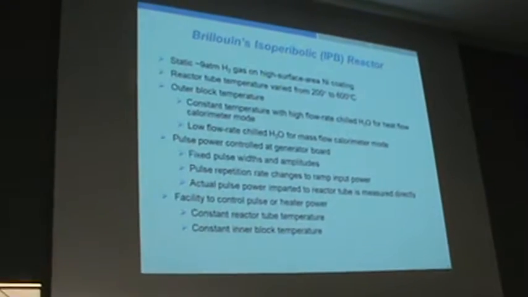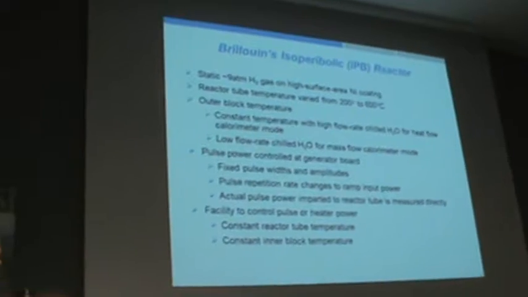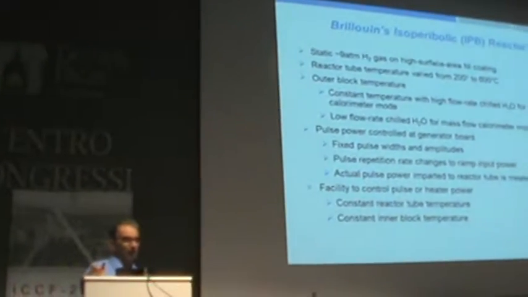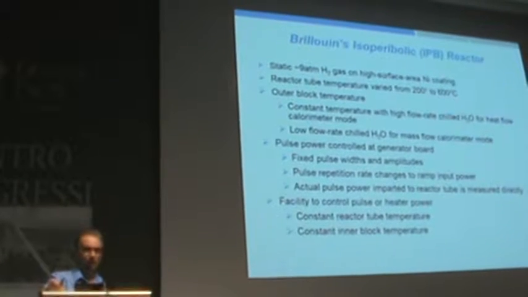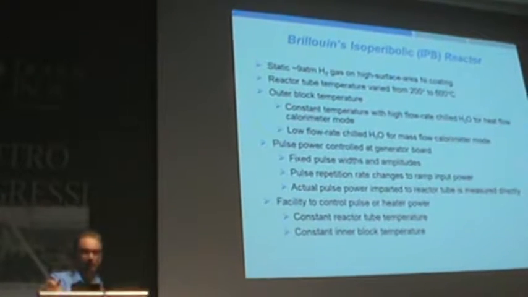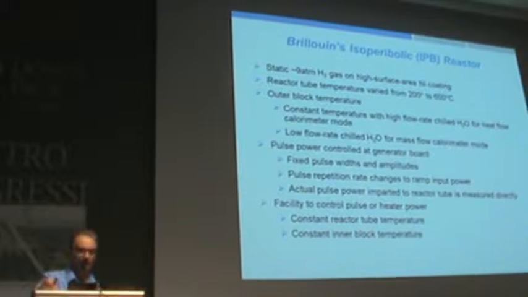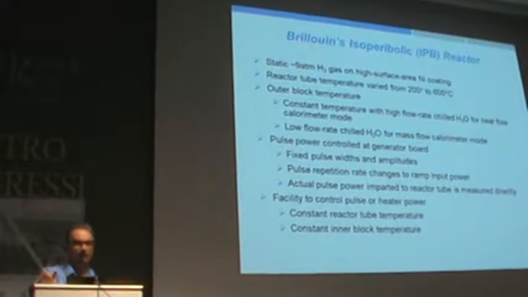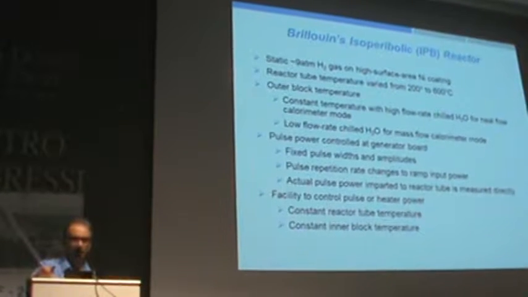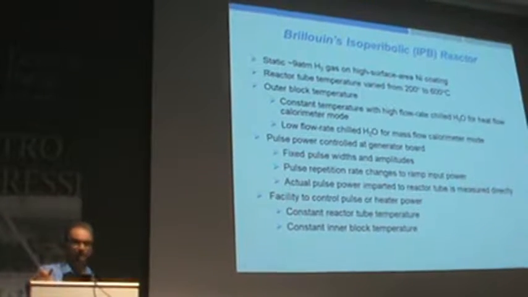So as I said, static, about 9 atmospheres of H2, operating from 200 to 600 C. We keep the temperature or the power constant. I should explain that I am still maintaining my independence from the Berlin Energy Corporation.